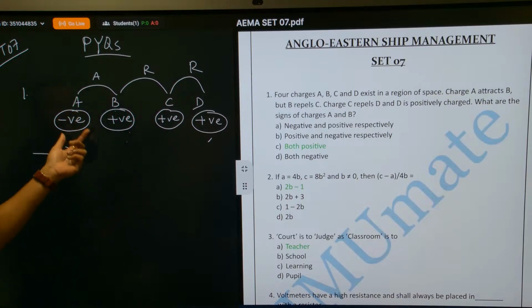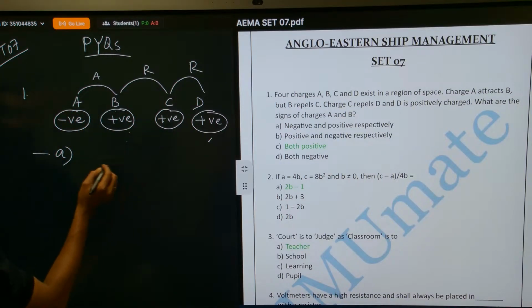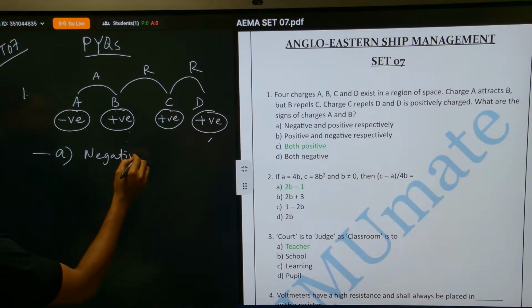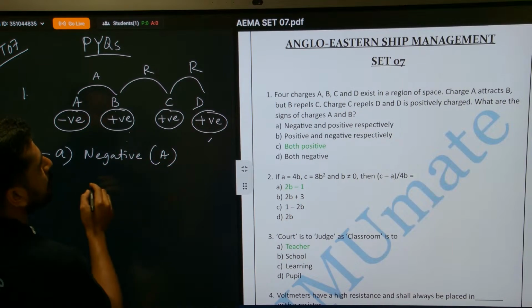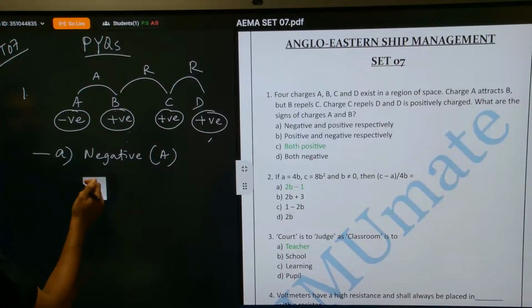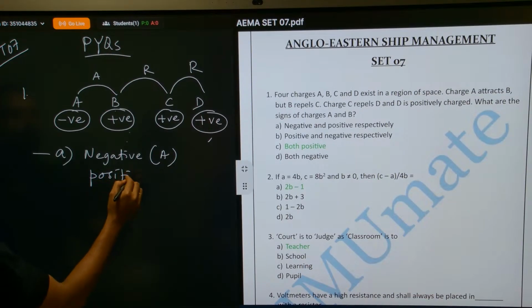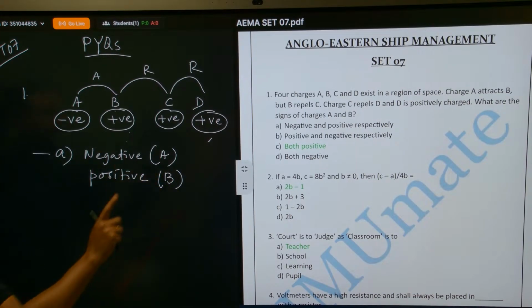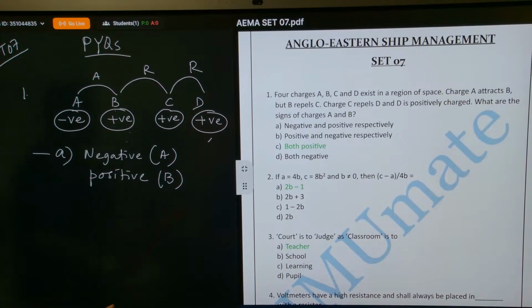Repulsion means positive. Attraction means negative. Option A, wrong, highlighted there. Negative A and positive B. Option A. We did it step by step. There is no scope of error actually.